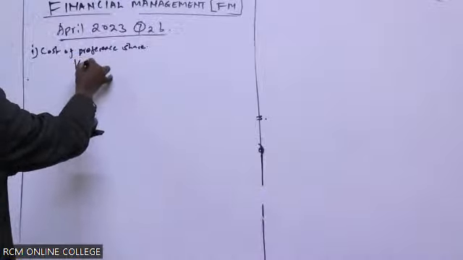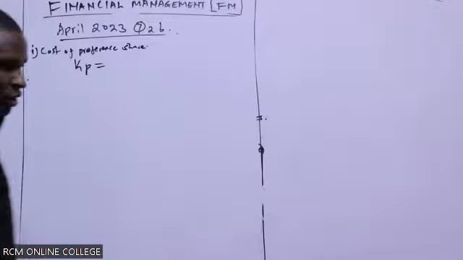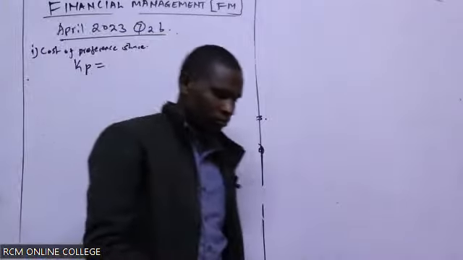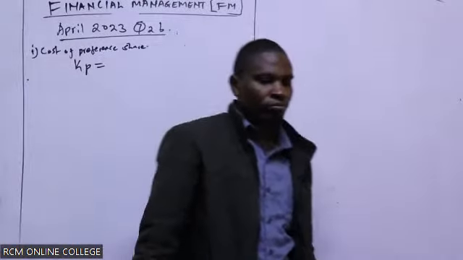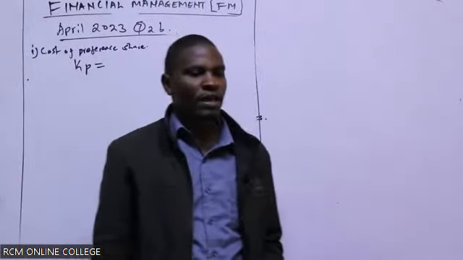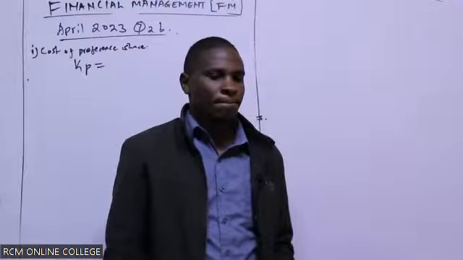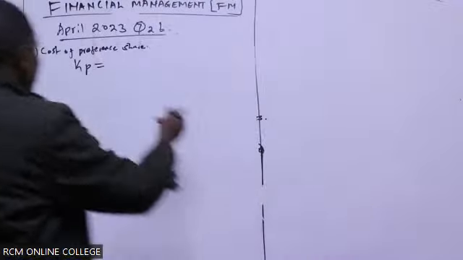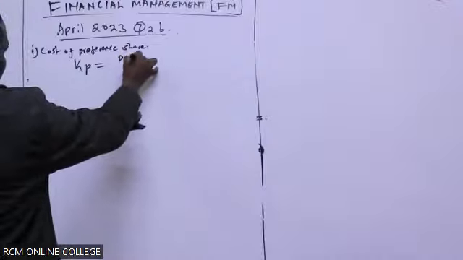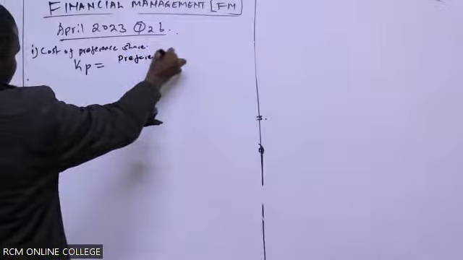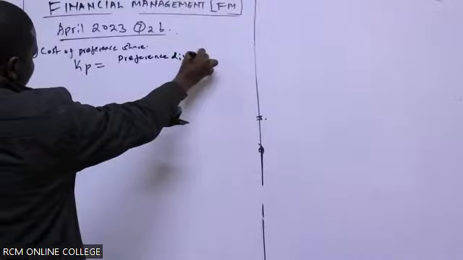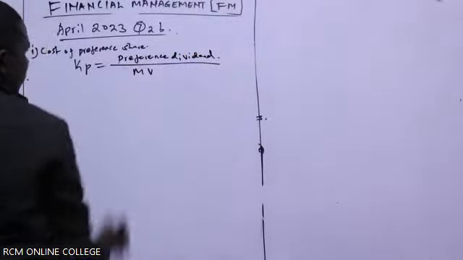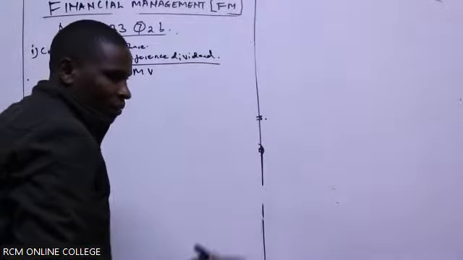The formula of KP is PD over market value. PD is the preference dividend. Preference dividend over market value.